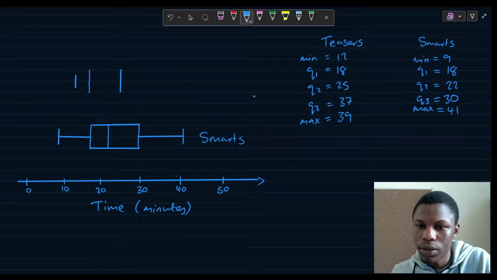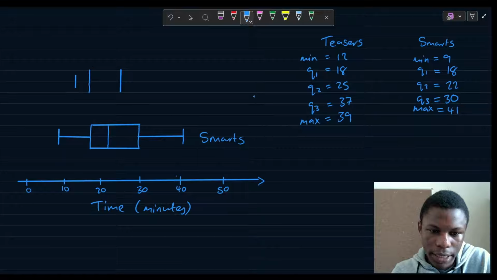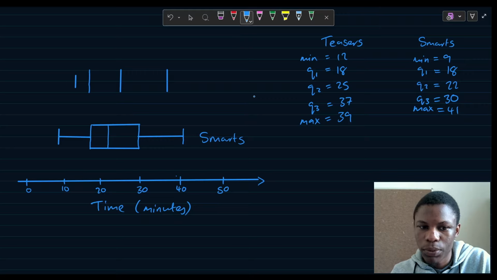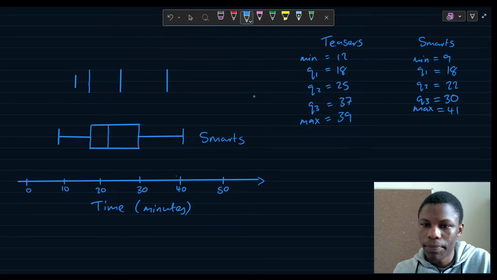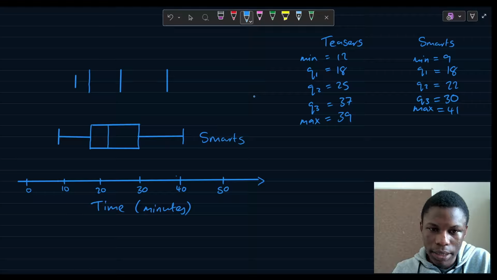Then we go to Q3 at 37, so 37 is here. Our maximum value is at 39 for the teasers, which is just less than 40, so somewhere here.